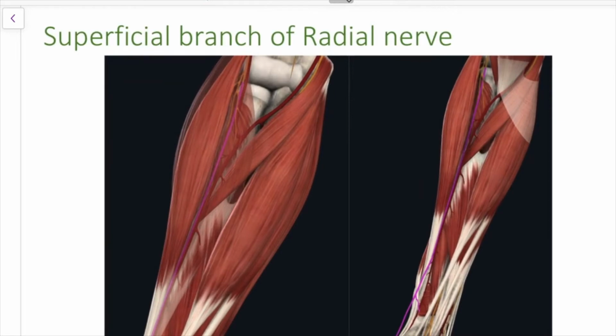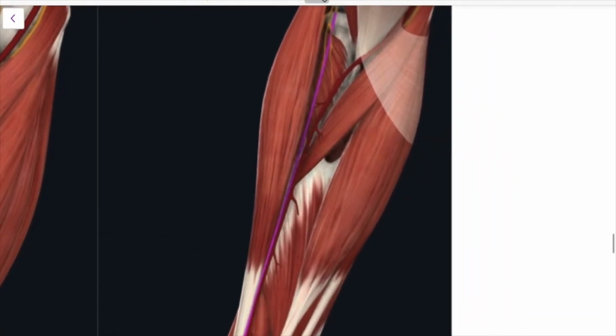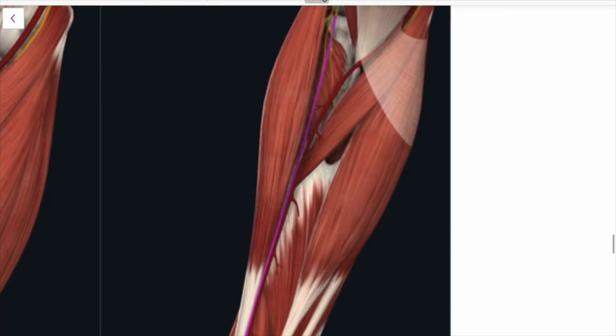Now the superficial branch of radial nerve descends on the lateral side of the front of the upper 2/3 of the forearm, under the cover of the brachioradialis muscle. Here it's faded. You can see it here. Okay, and it lies over these structures. One by one. So here we have the supinator.